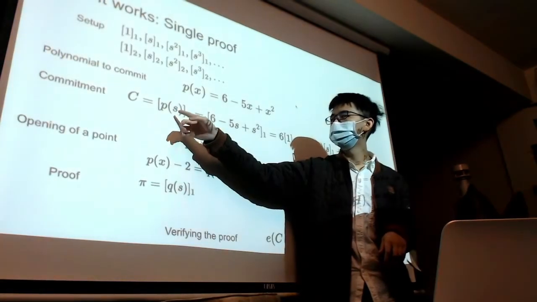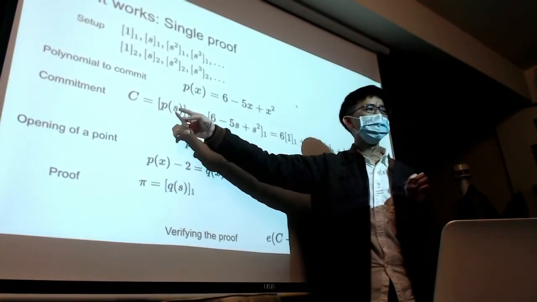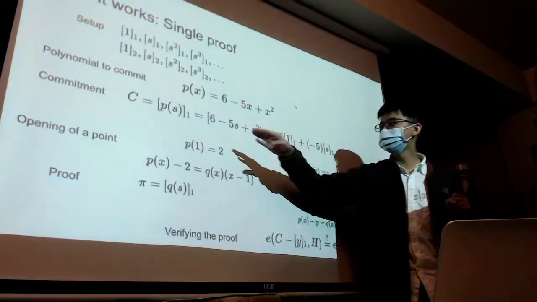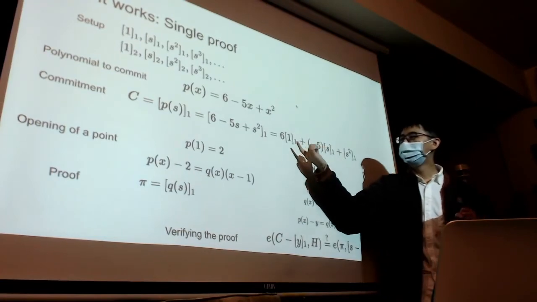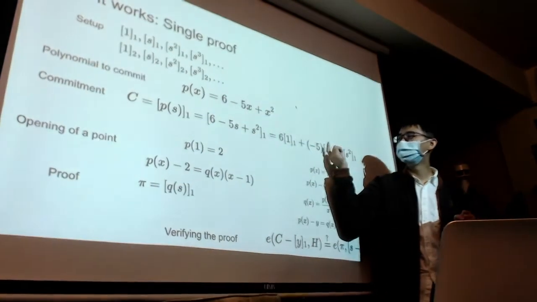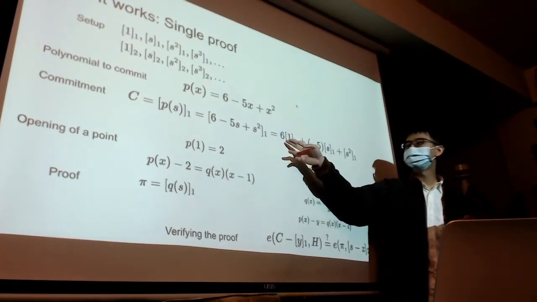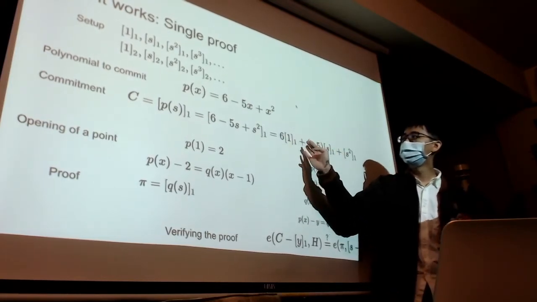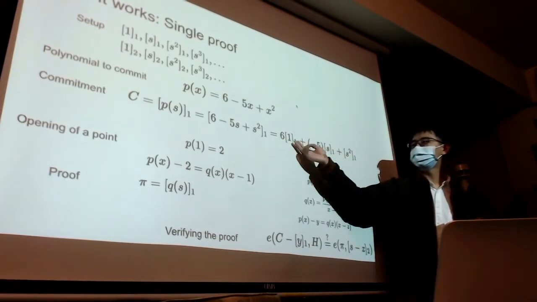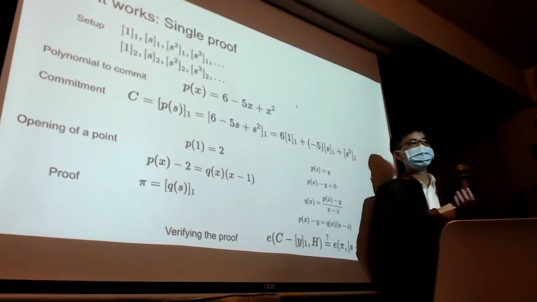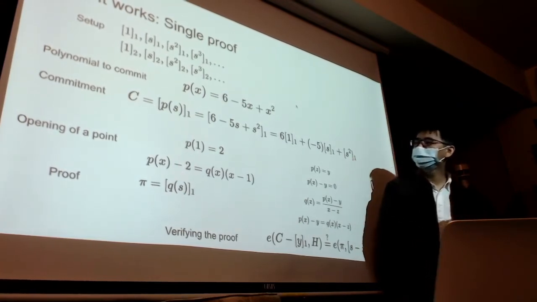But as we know, nobody should know the value of s. So we need a derivation, and this is equivalent to the coefficients of the polynomial multiplied by the structured reference string. This evaluates to a G1 group element.